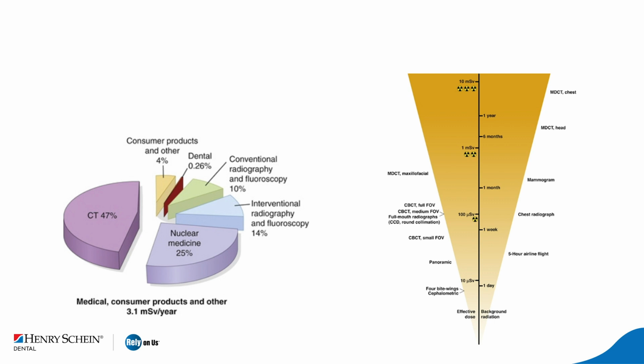And here on the right aspect of the screen, you have a comparison. Let's say a panoramic is around 20 microsievert, and a small field of view CBCT will be around 50. And I like to give an example. Let's say you have to take a small field of view CBCT. It's about the same amount of radiation that you will be exposed to if you take a flight back and forth from LA to New York.